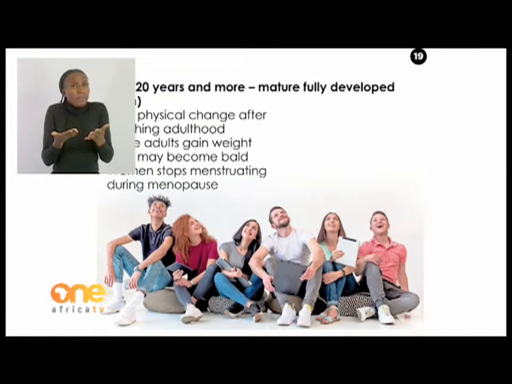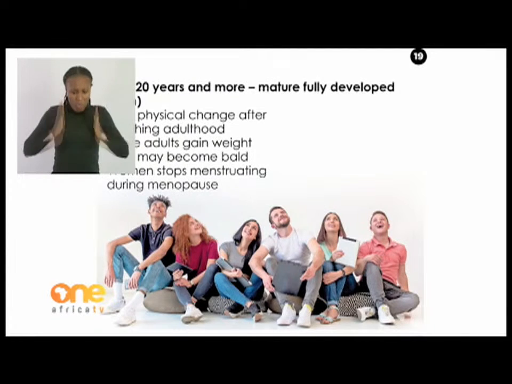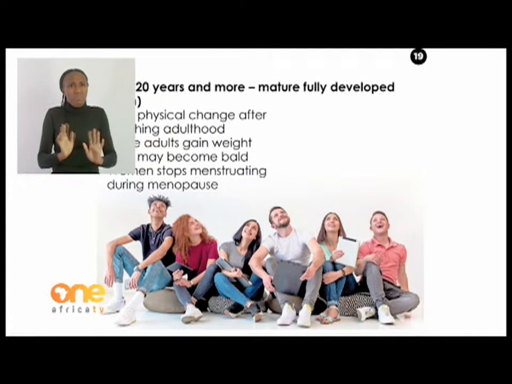Little physical changes after reaching adulthood, okay? So when a person is an adult, they don't really change. The changes are hardly seen because they happen at a very slow pace. Okay? So they don't grow fast anymore like the young ones. Some adults gain weight.